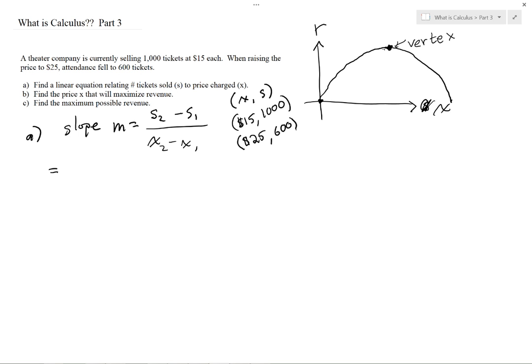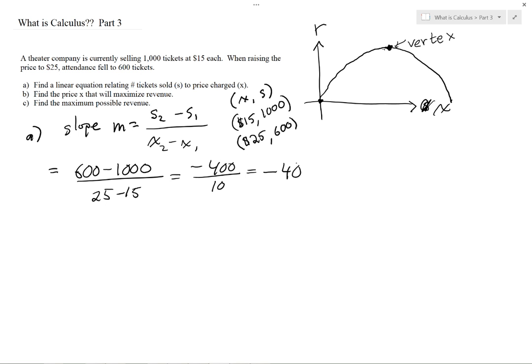So that's exactly what we're going to do. So we can take the difference in sales over the difference in price, and we have negative 400 over 25 minus 15, so that's going to give us 10, and that's going to give us negative 40.